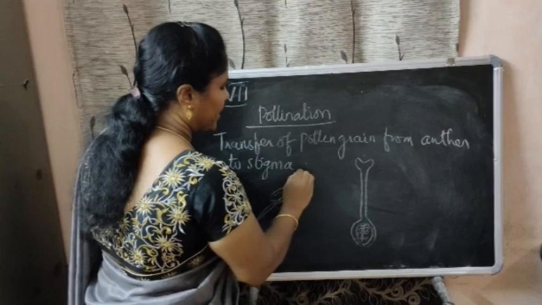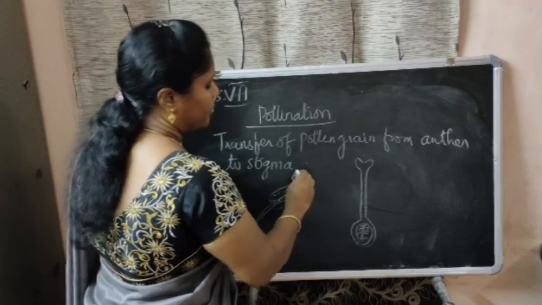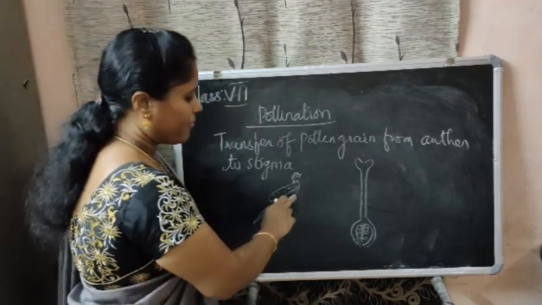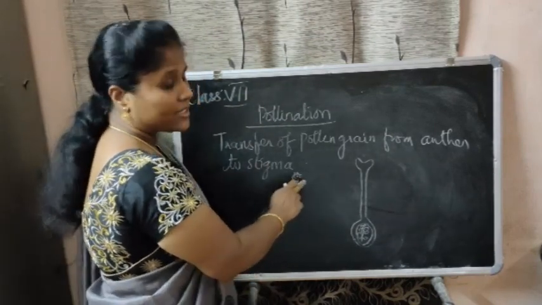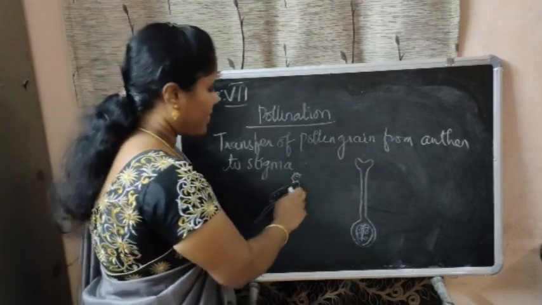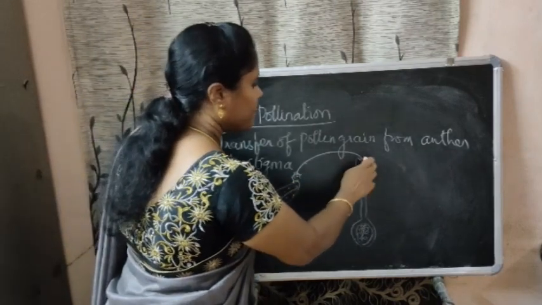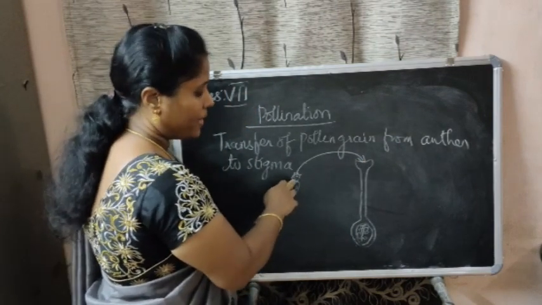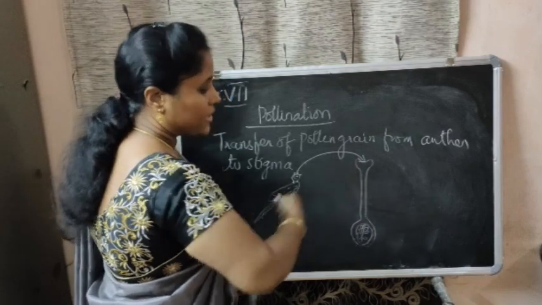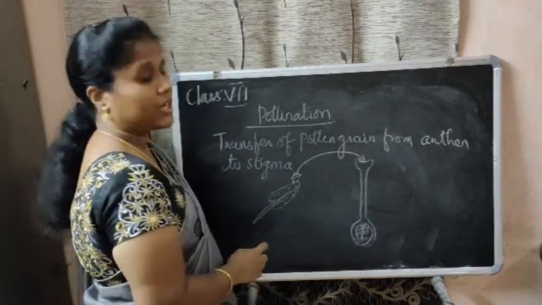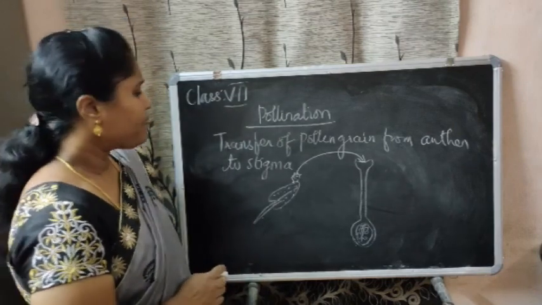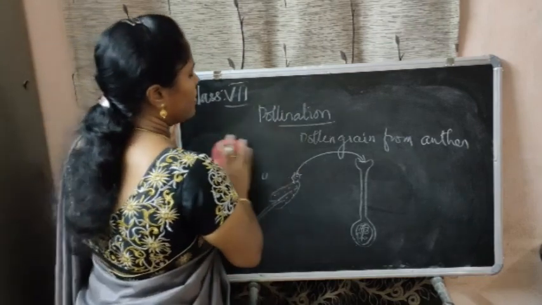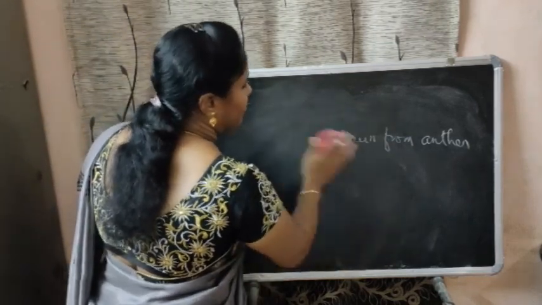This is a single enlargement of the single pollen grain. So what is the transfer of pollen grain, and from where? From the anther to the stigma is called pollination. Next we are going to learn about the methods of pollination.